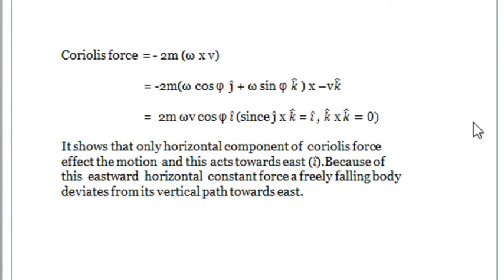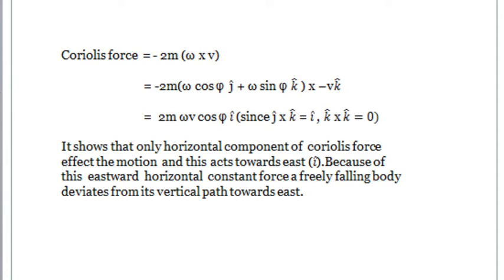Because of this force, a freely falling body deviates from its vertical path towards east. Due to the presence of this I cap in the final expression, we conclude that due to the effect of Coriolis force, a freely falling body deviates its path towards east.